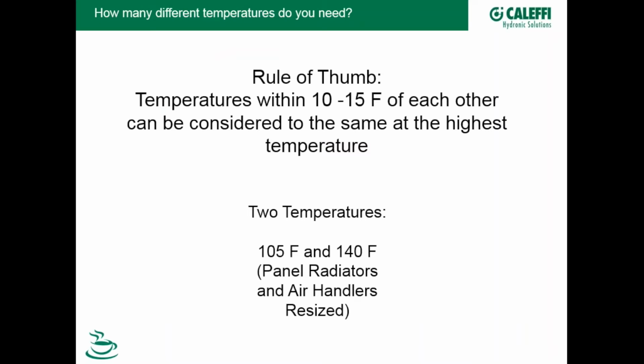So from a design standpoint, I'm going to run the boiler based on that 140 degrees max water temperature, and then I'm going to mix down to 105 to take care of the radiant. Now the discussion is, how do I get down to that 105 degree number?